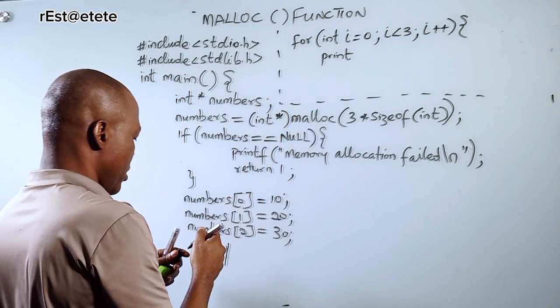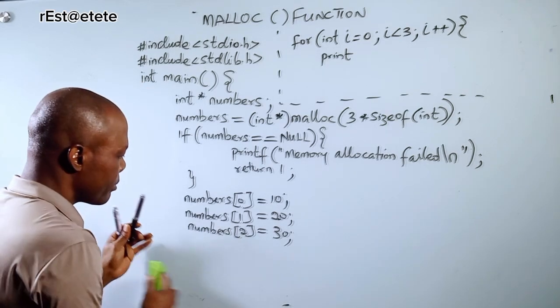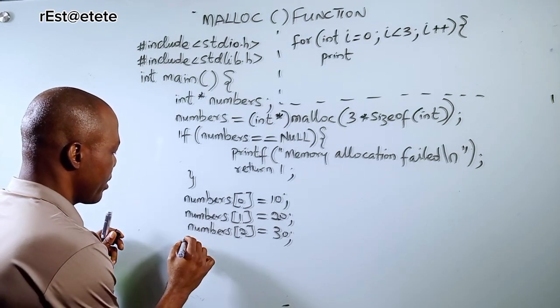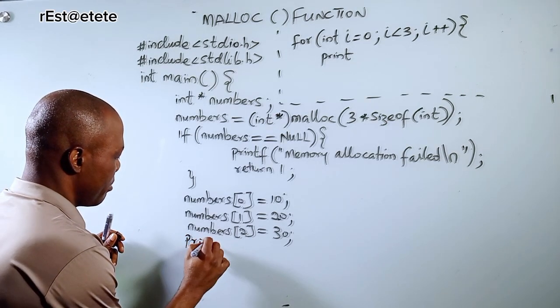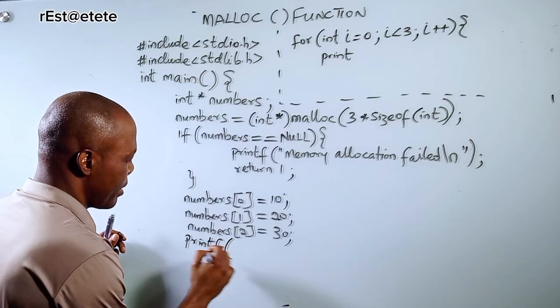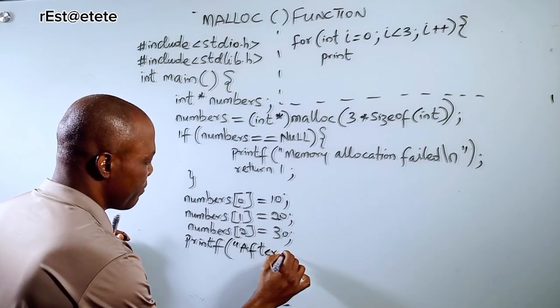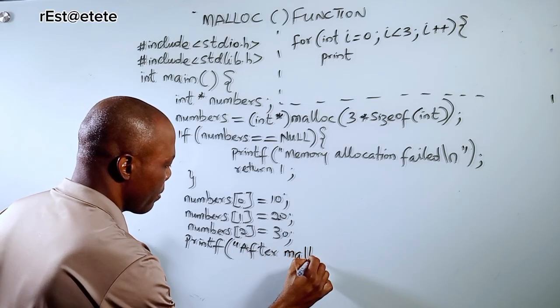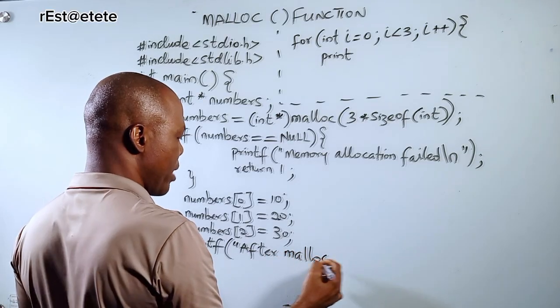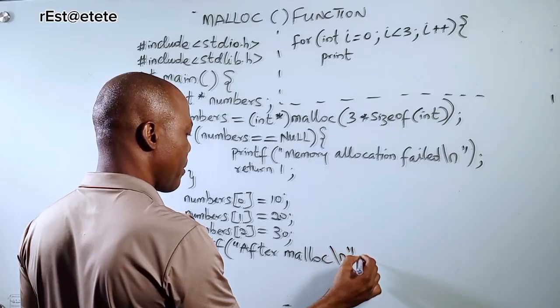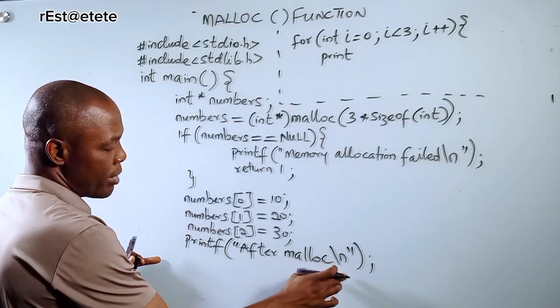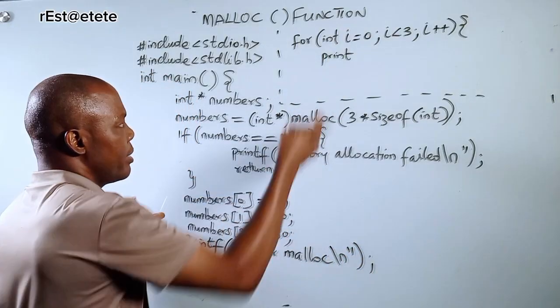Here I can write printf("after malloc\n"), that is, after memory allocation. So after memory allocation, I want to print out the values.